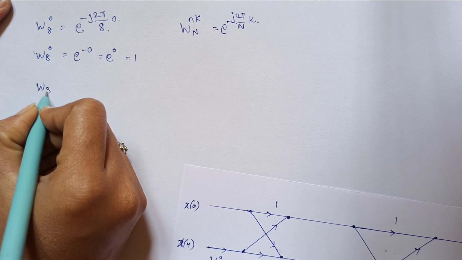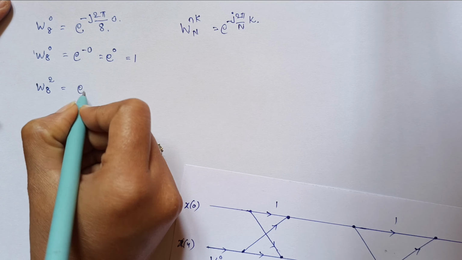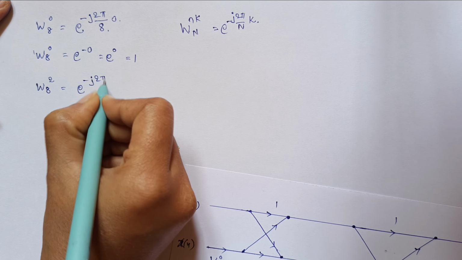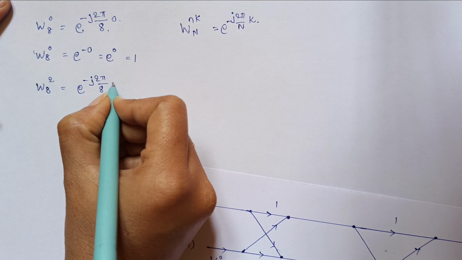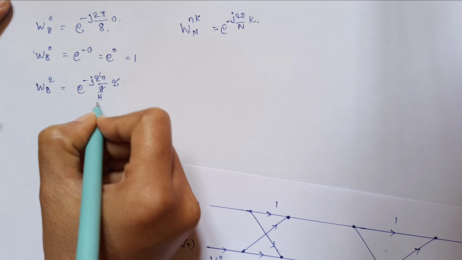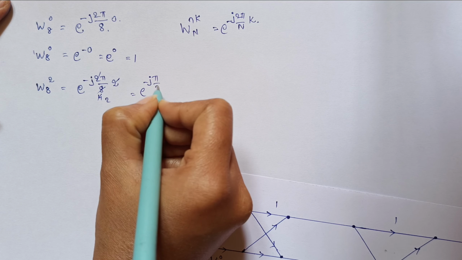Now W8 of 2, right? So for 2 again we will expand this formula, and 2 pi, capital N is 8 and k is equal to 2. So we'll cancel this one and we get e to the power of minus j pi by 2.